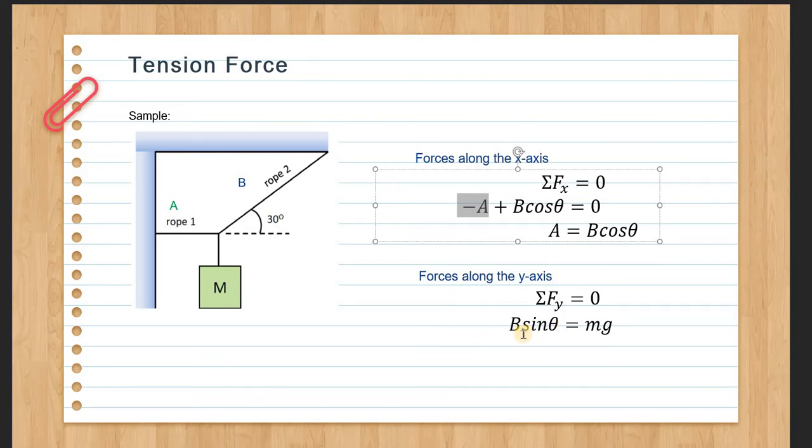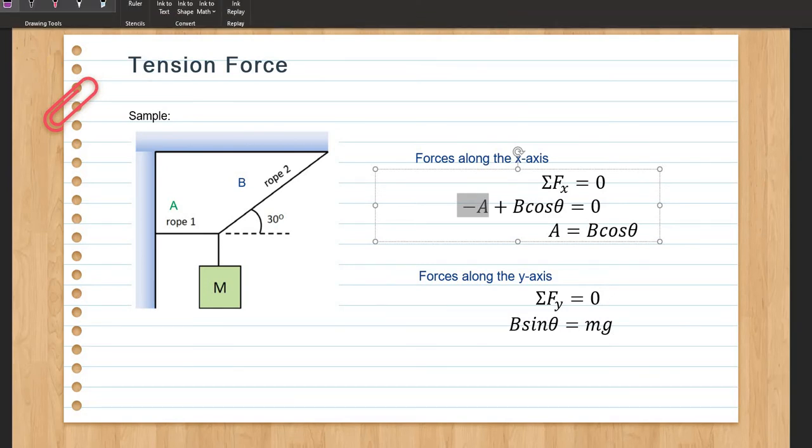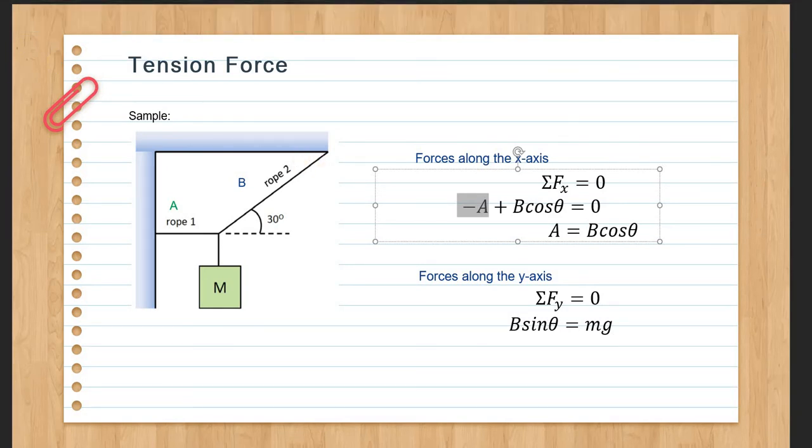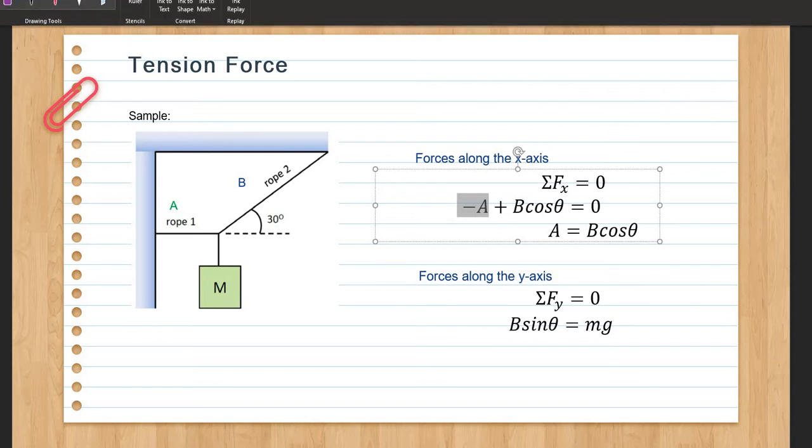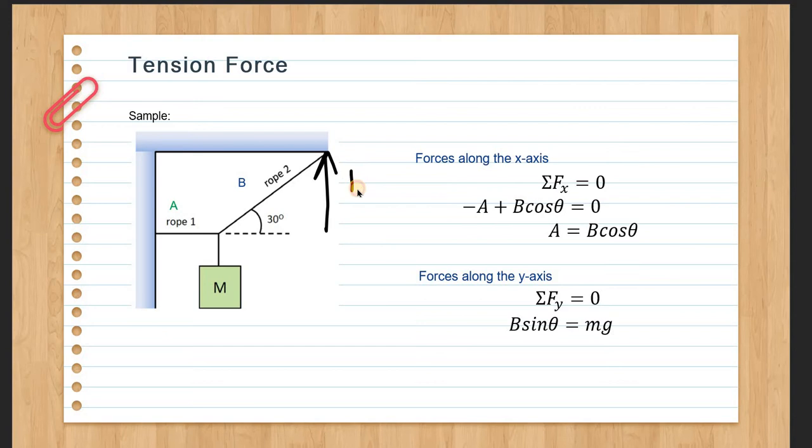Okay, so here you can see that the only components on the y are the following. So let's add this one through. Okay, so this one is b sub y and this is the weight of the object, so that is mg. So you do not have the y component for a.